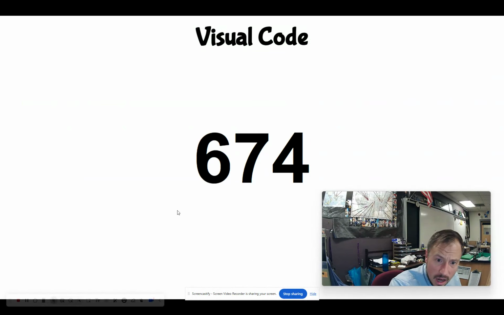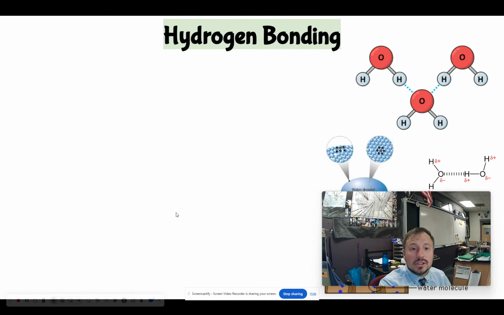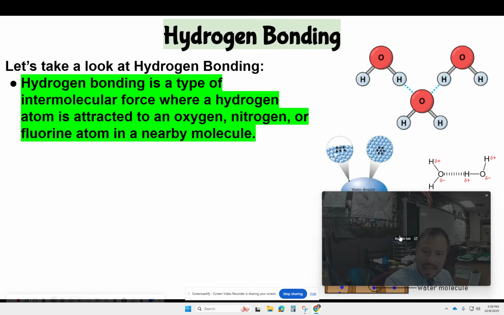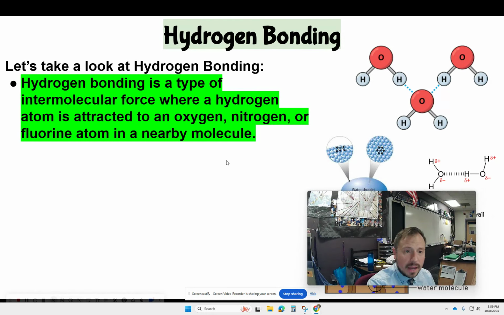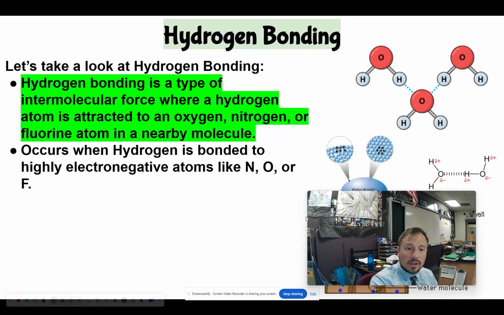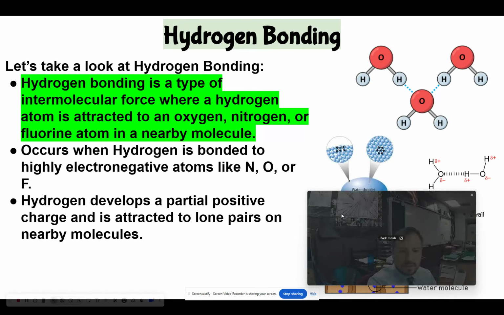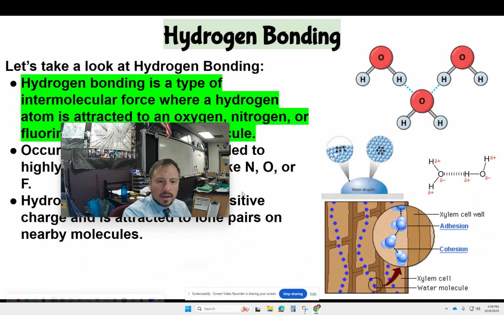Now, the last thing that we need to talk about is hydrogen bonding. It's not a type of connecting atoms together to form a different compound. Hydrogen bonding is a type of intermolecular force, so in between different molecules, where a hydrogen atom is attracted to an oxygen, nitrogen, or fluorine atom in a nearby molecule. So here's what it is, right?